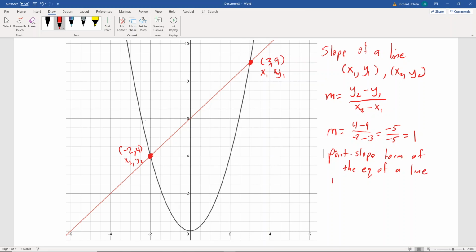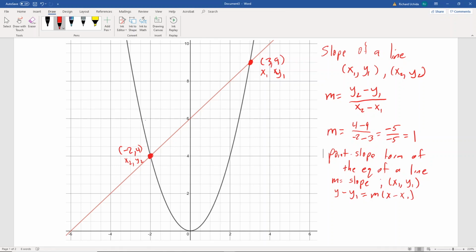If your slope is m, and you have a point, let's say (x1, y1), then the equation of the line would be y minus y1 equals m times x minus x1.